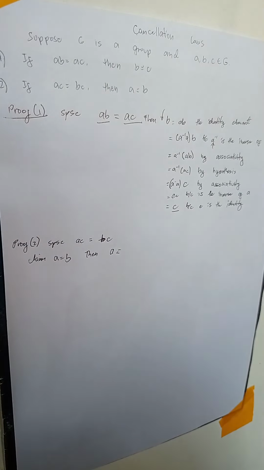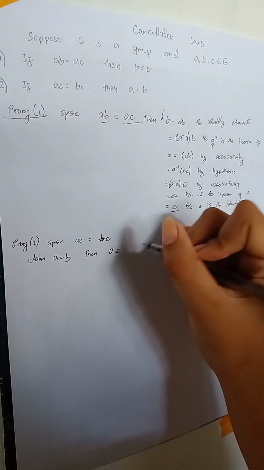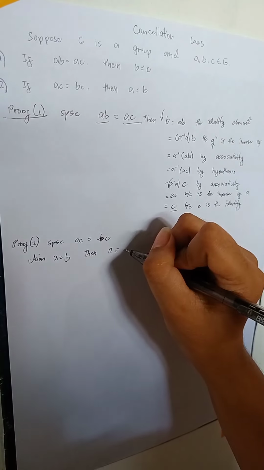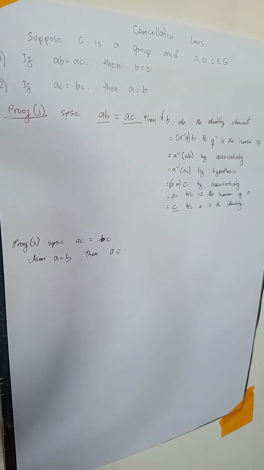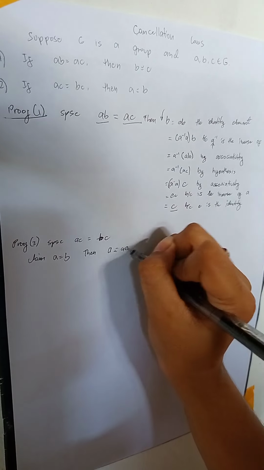So what we do is put the identity there first. We can do this because E is the identity.